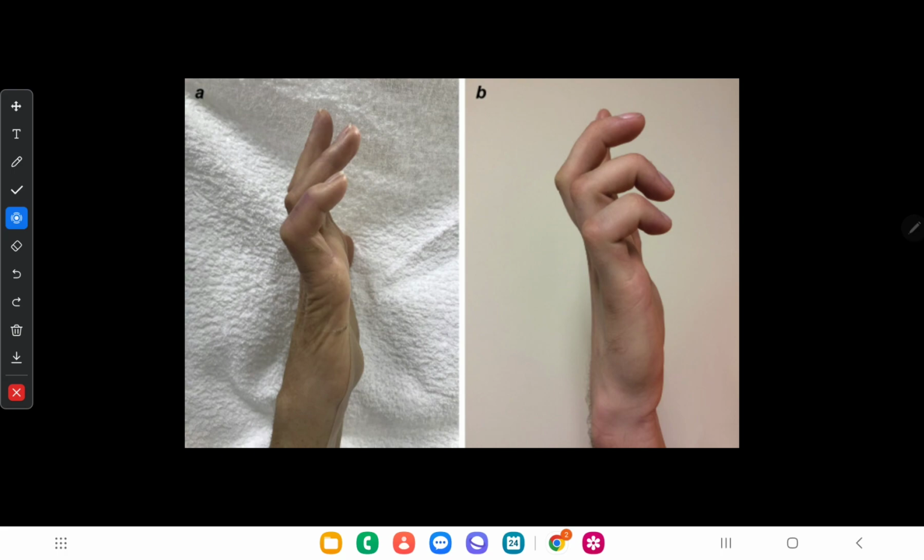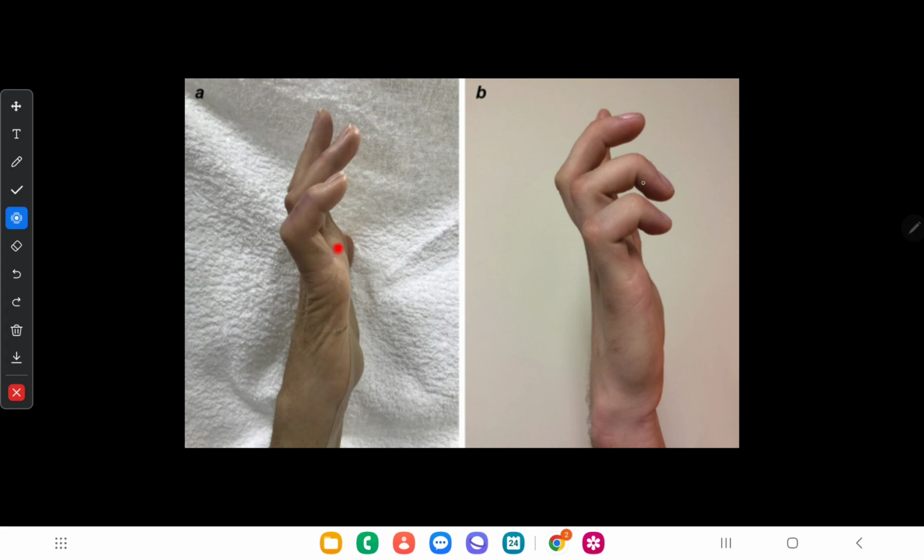When the ulnar nerve is damaged at the elbow joint, there is paralysis of all the muscles, including muscles in the forearm. That means the medial half of flexor digitorum profundus as well as flexor carpi ulnaris. Therefore, when the ulnar nerve is damaged at the elbow joint, there is no flexion of these medial two fingers.